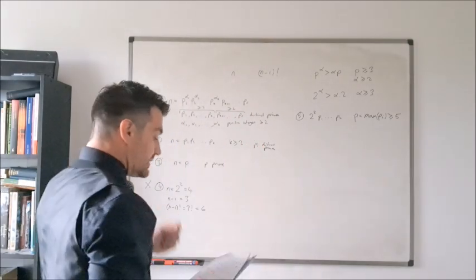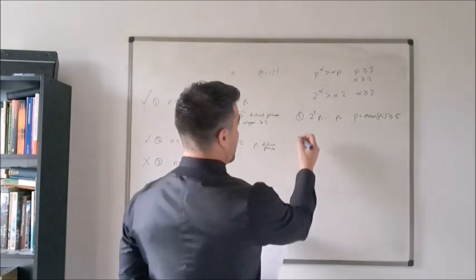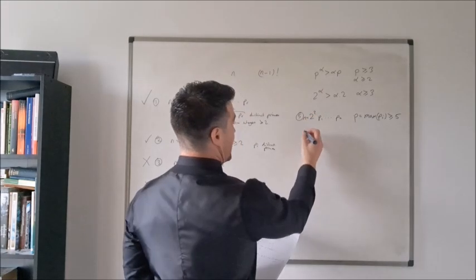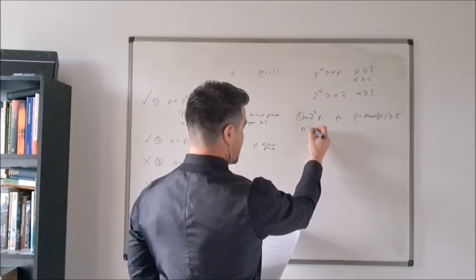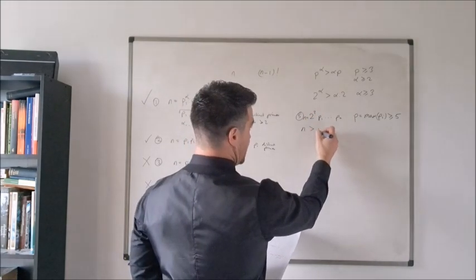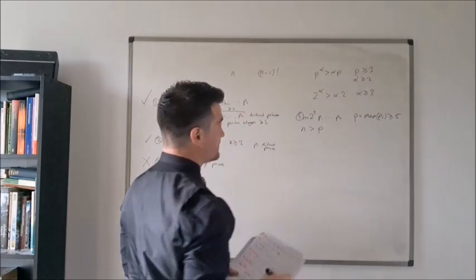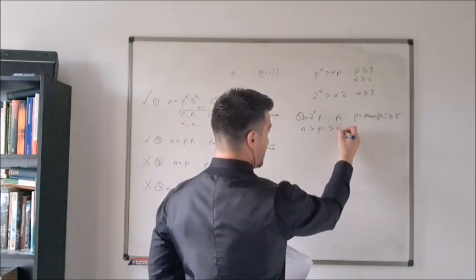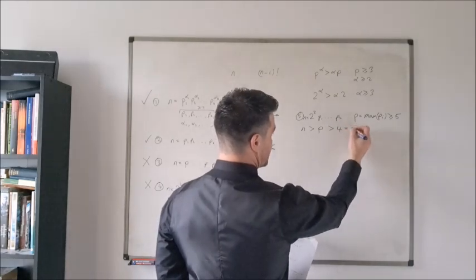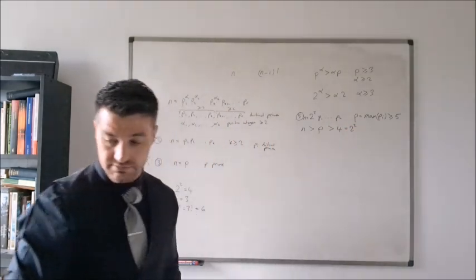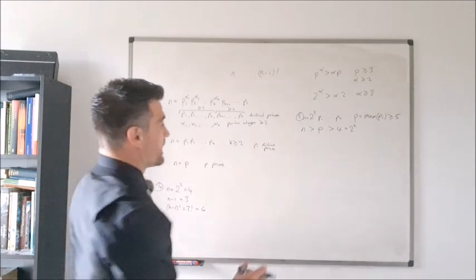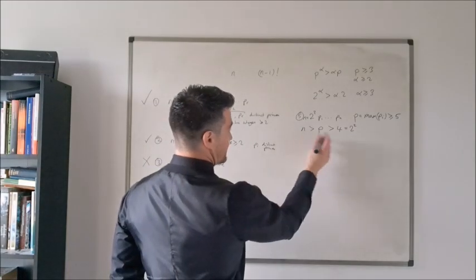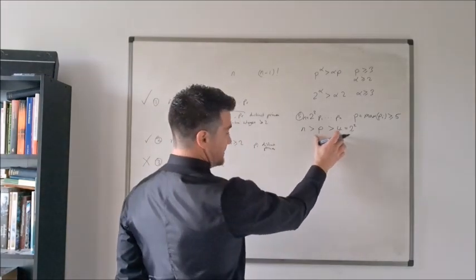Okay, so in that case, if this is n, then n must be greater than p. But p is greater than 4. That's going to be important, which is equal to 2 squared. Initially, we're going to be interested in this bit. That bit is going to come into play further down the line.